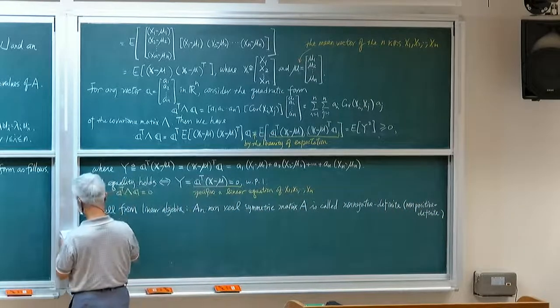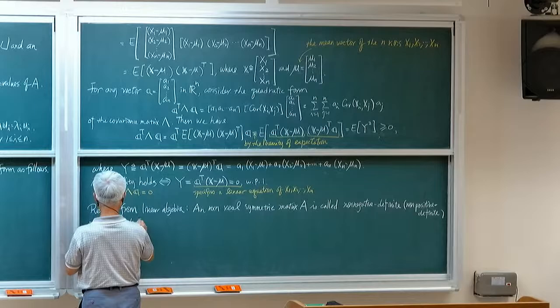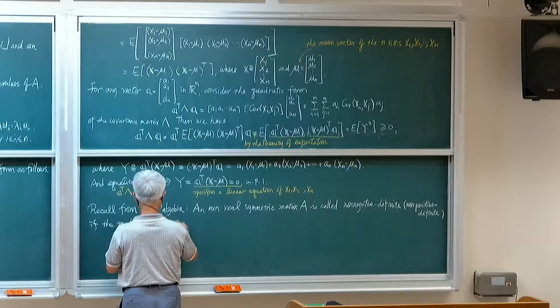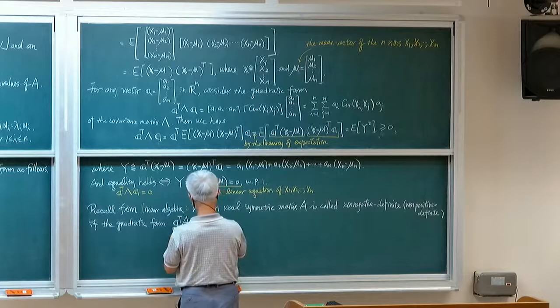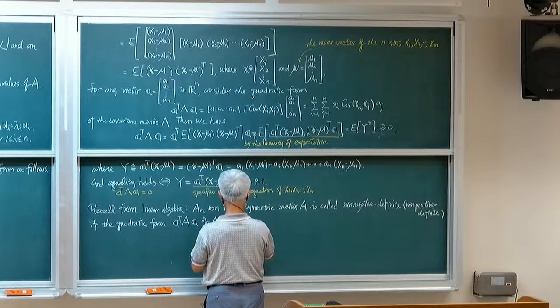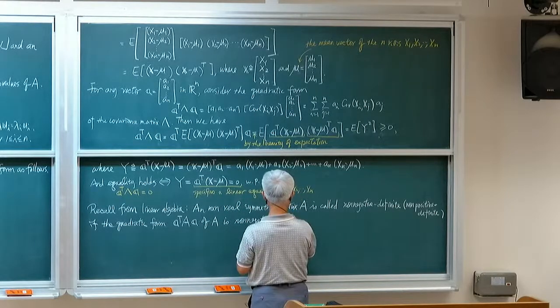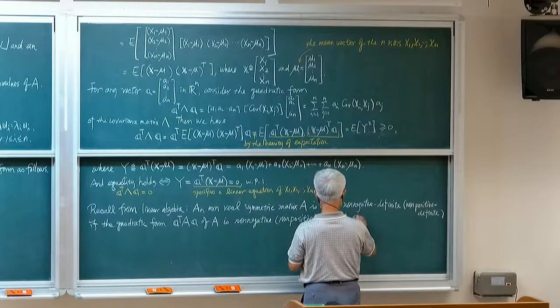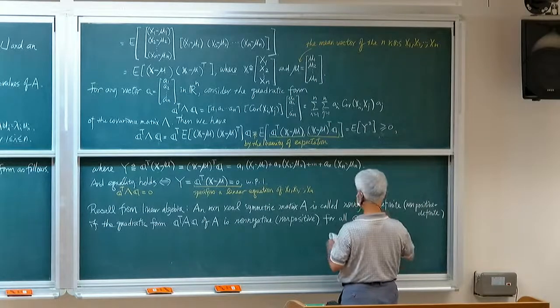If the quadratic form a transpose A a is non-negative or non-positive for all vector a in Rn. Okay?